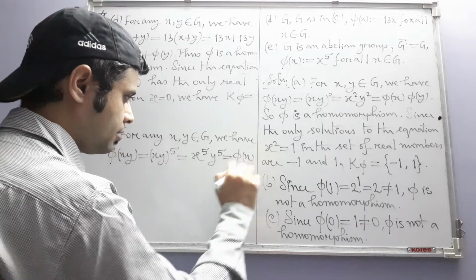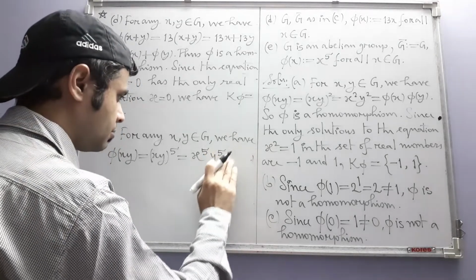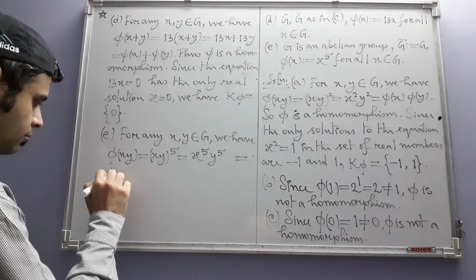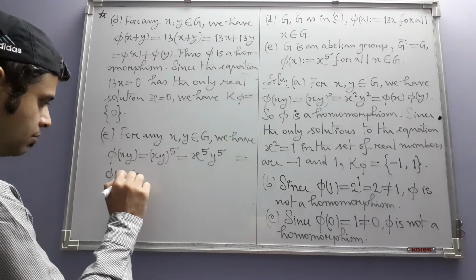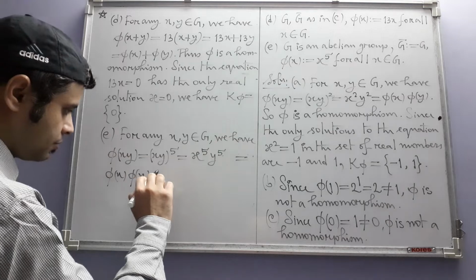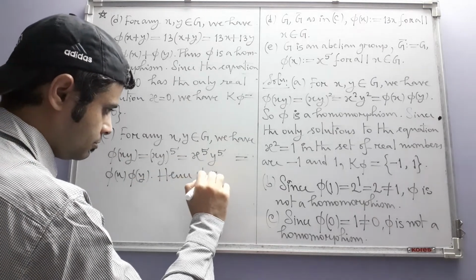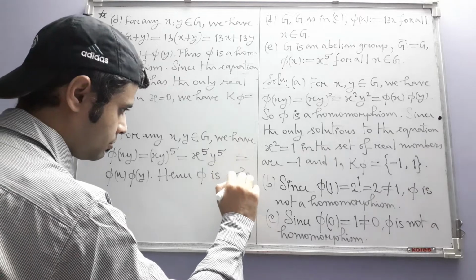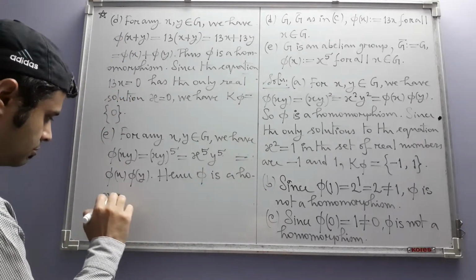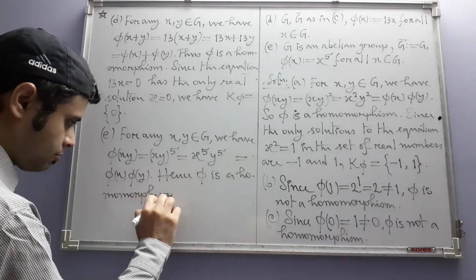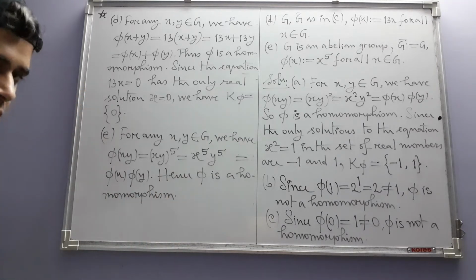So this is 5x, 5y. Hence phi is a homomorphism.